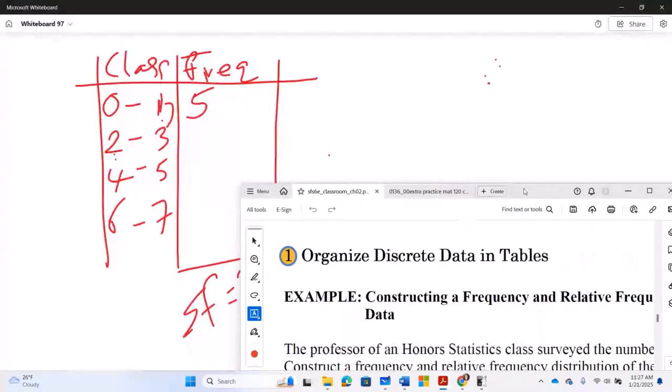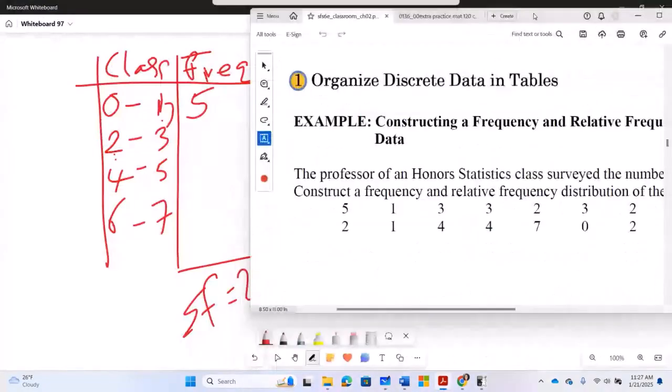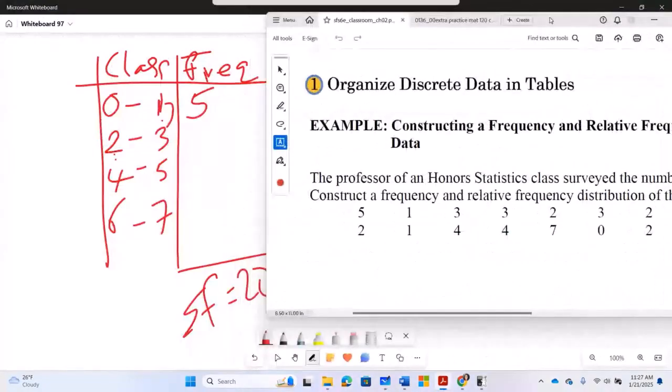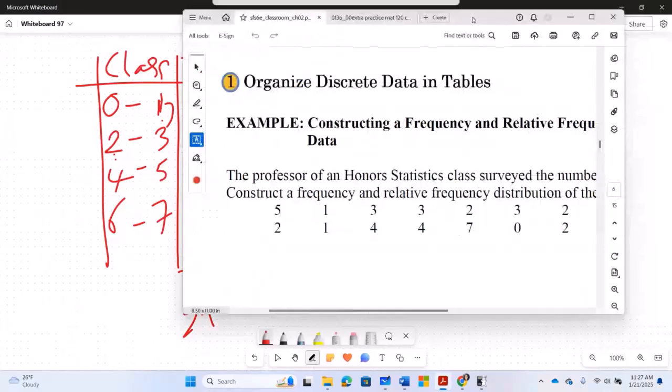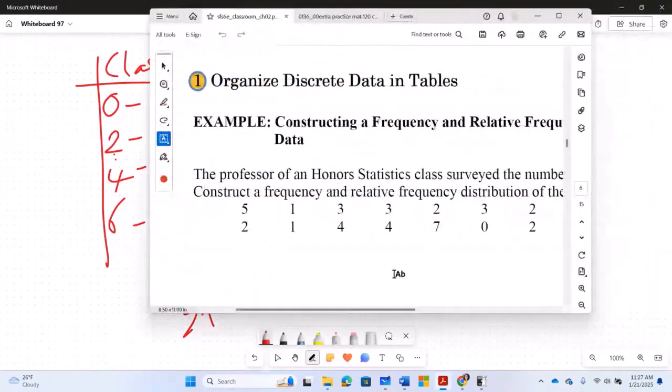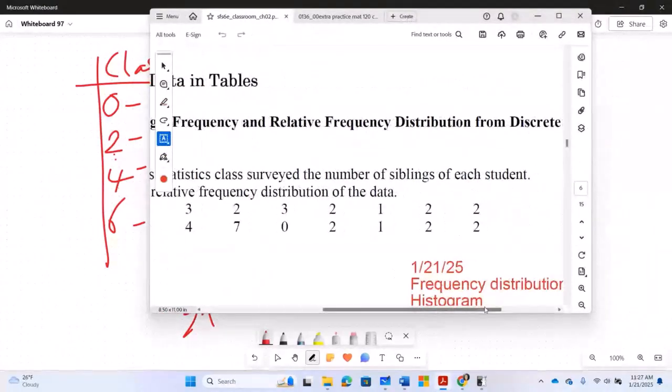Second class is between 2 and 3. So I'm going to count now. The first column has one of them, 1, 2, 3, 4, 5, 6, 7, 8, 9, 10, 11.